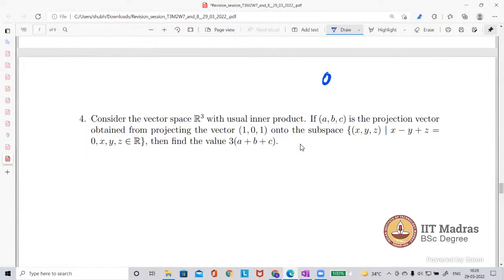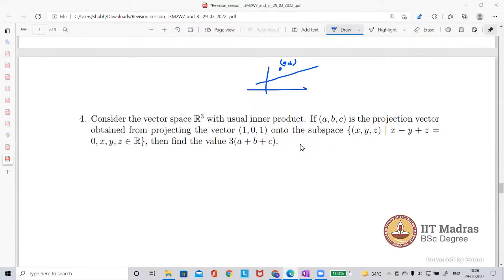So what is projection? See, projection is, when you are in a coordinate system, I am emphasizing on coordinate system. So when you are in a coordinate system in R2, suppose there is an element. I'm now saying element, not vector. I'm saying element. This is AB.